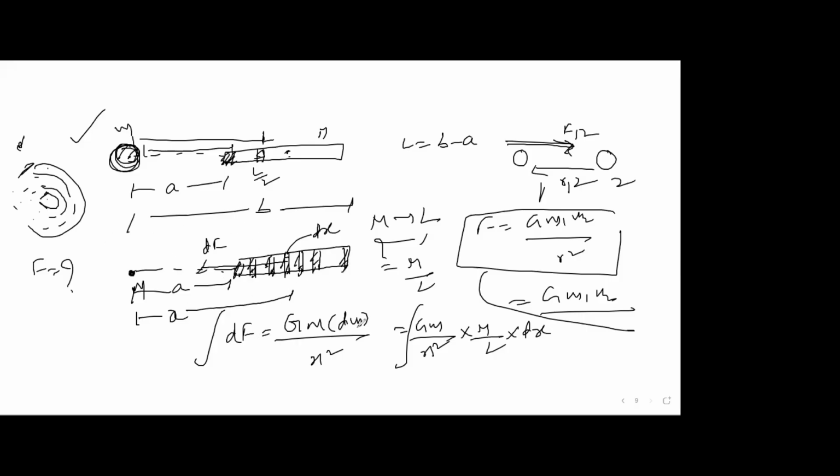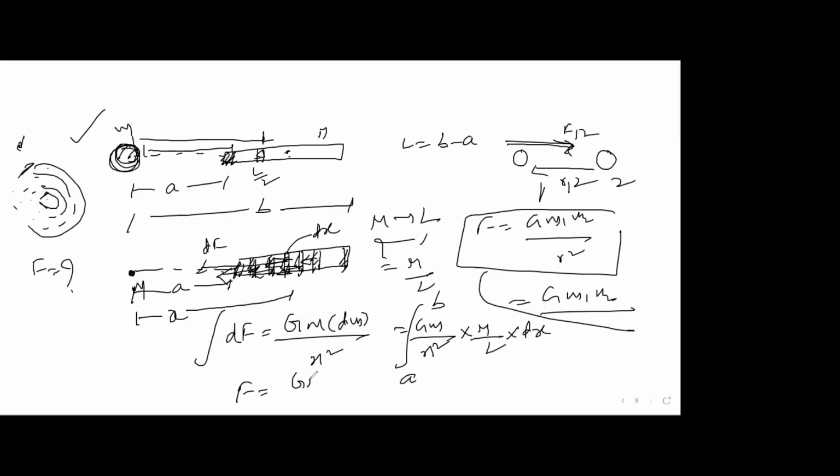So the limits of this integration vary from A to B, so that all the elemental mass forces on this mass, like this force, on this also, on this, on this, are all added up. Summation means integration, so from where to where? Integrating df gives F, with limits from A to B. If you simplify, what will you get?